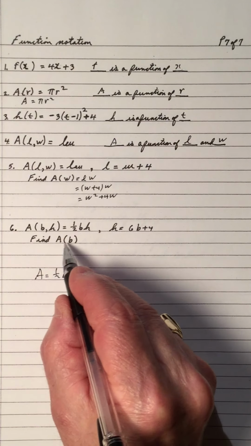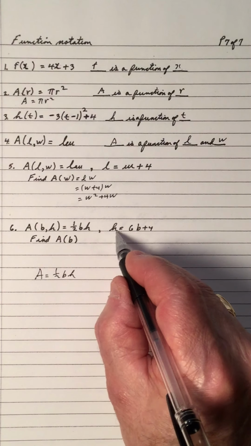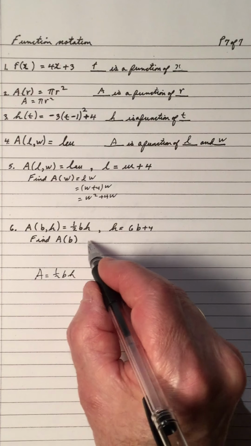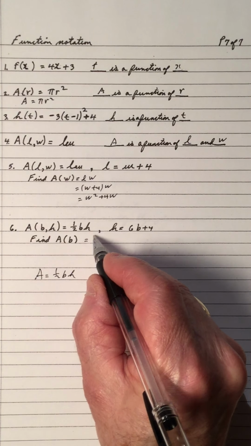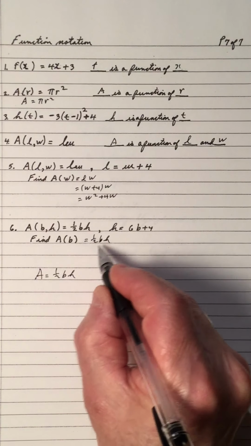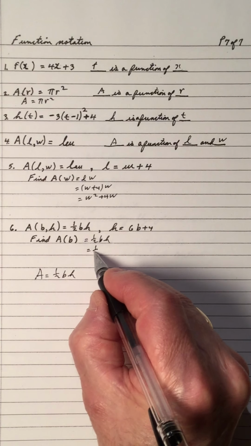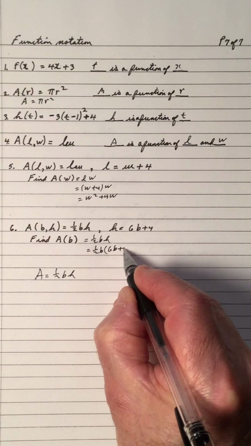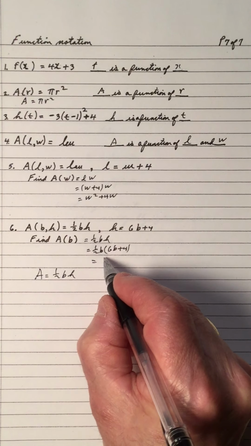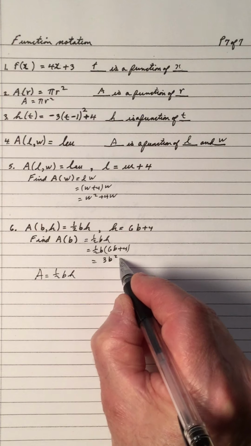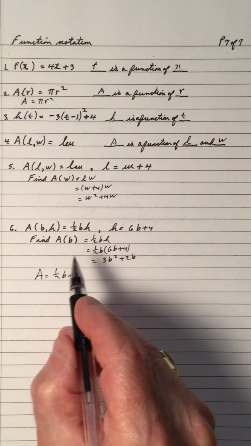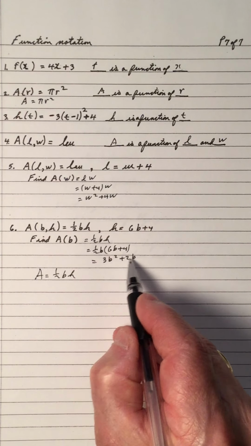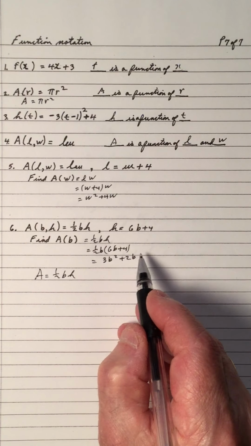But if we want the area as a function of b, if the h is equal to 6b plus 4, then we have a half base times height as the equation, and the height is replaced with 6b plus 4, and we multiply, we get 3b squared plus 2b. Now the area is a function of b. The base is only on the right side.